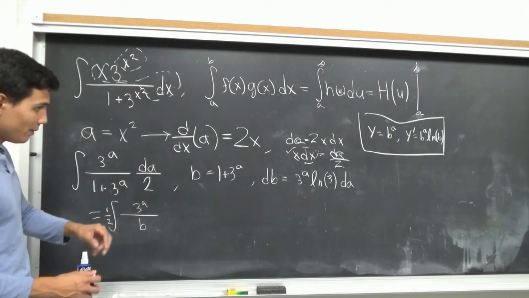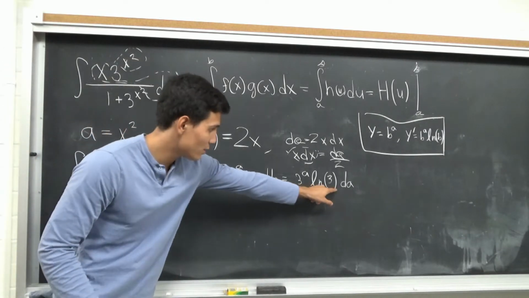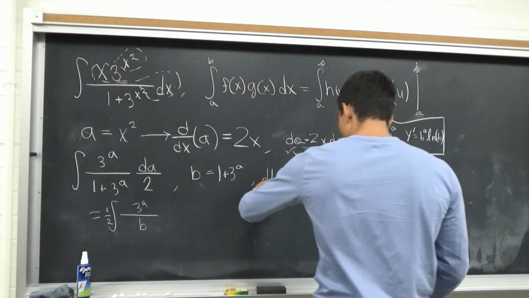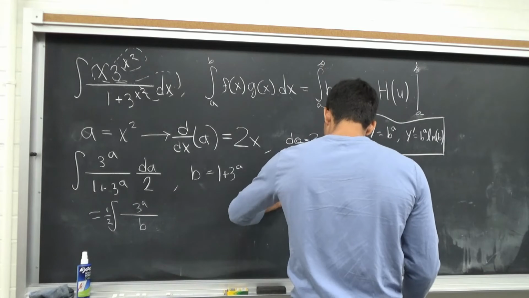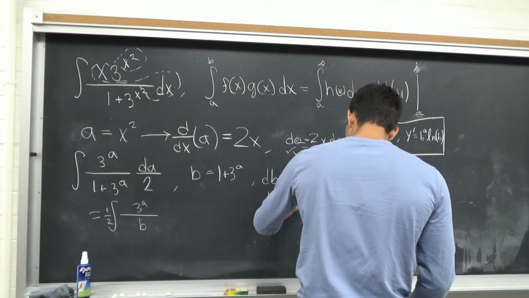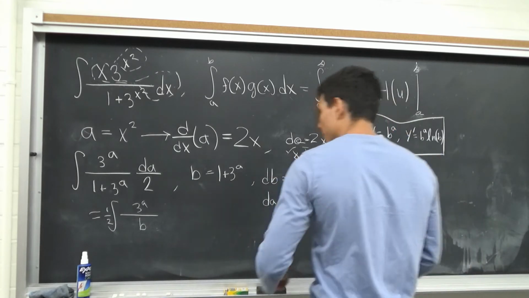Now, this 3a, our new differential, has a 3 in it as well. We originally had dA, so let's solve for dA real quick. dA is equal to dB divided by 3a ln 3.